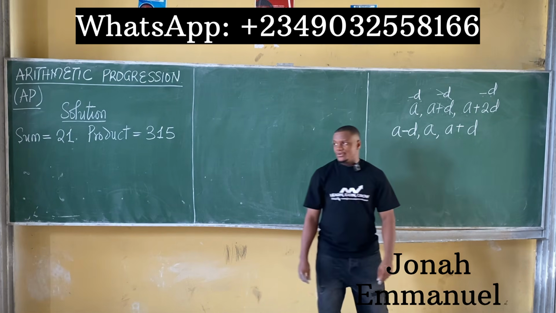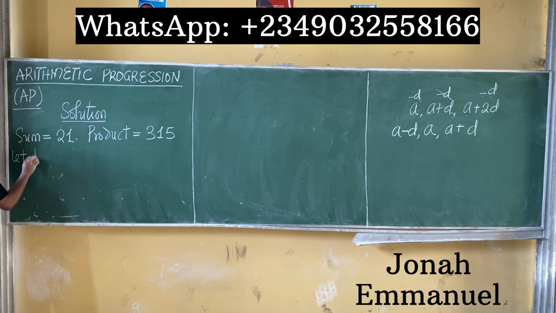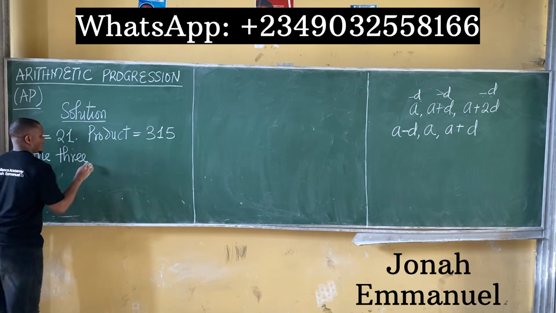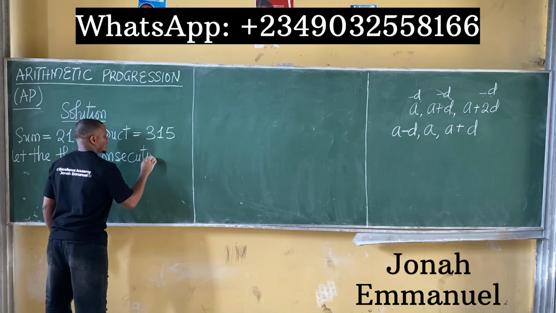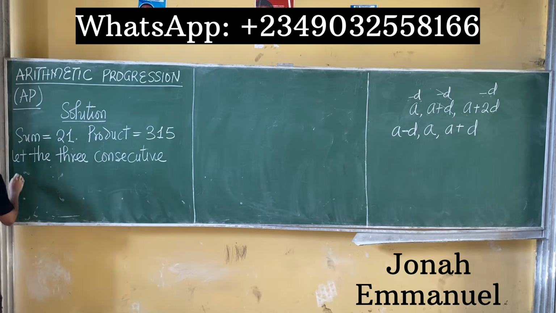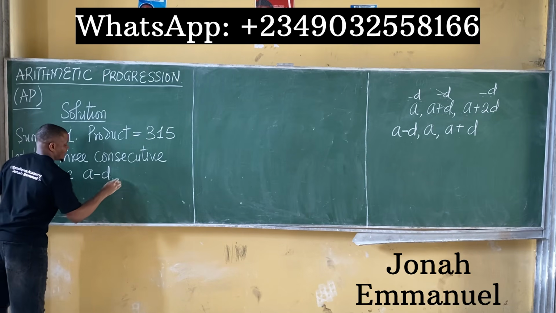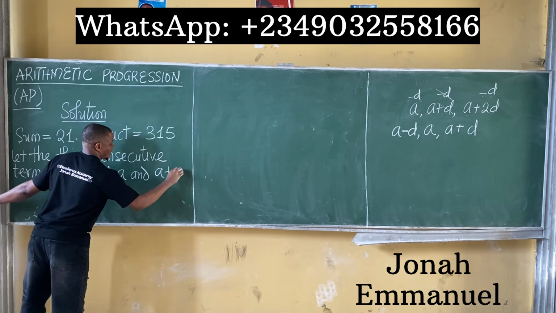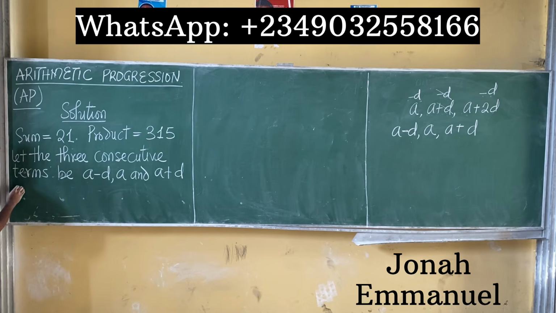So we'll say let the three consecutive terms be A minus D, A and A plus D, as we've established there. Let's take their sum.